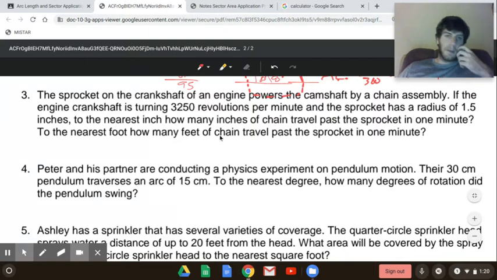So it's turning 3,250 times in a minute. We are looking for basically arc length. It's rotating more and more, so our measure is going to be really, really high. But we're going to use arc length here. We need what portion of the circle?